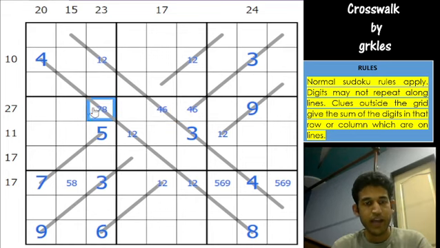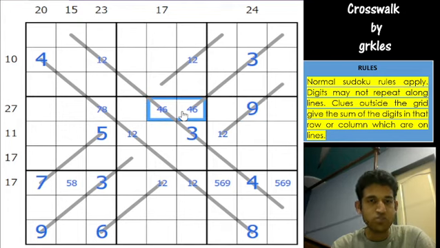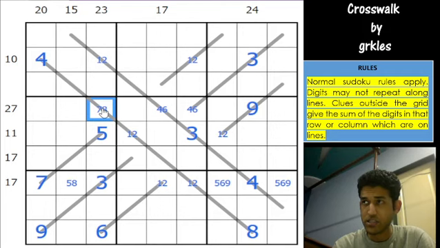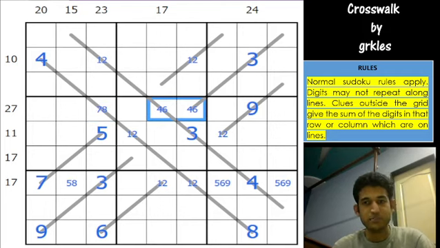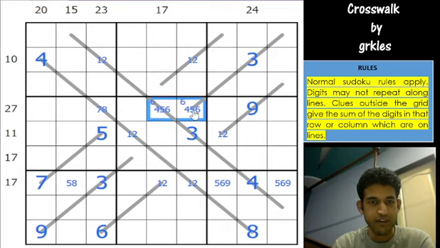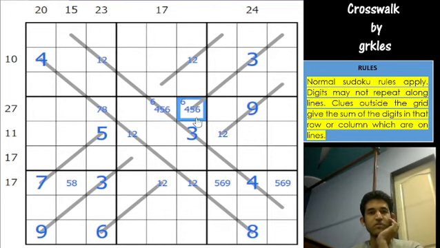And suppose if I have a 7 here, 7 plus 9 is 16, which means these two cells must sum up to 11, and it cannot be 2, 9, it cannot be 4, 7, and it cannot be 3, 8, so this must be 5, 6. Superb. So common logic is that 6 is definitely in one of those two cells, right?